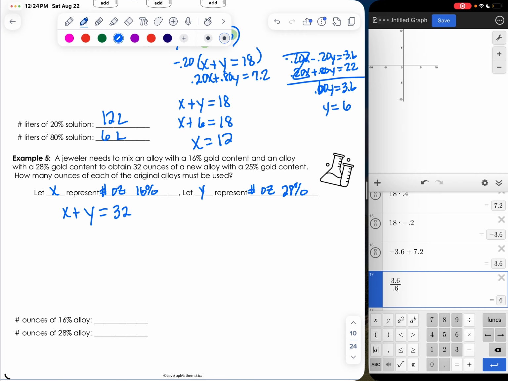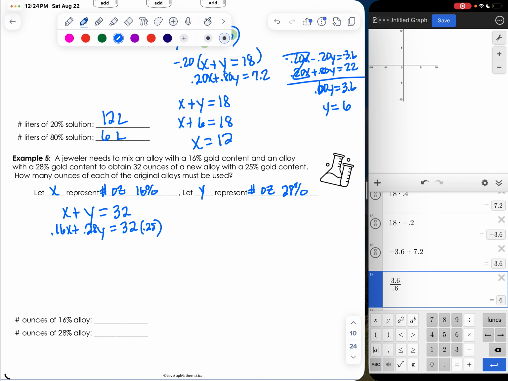Now I'm going to write an equation for the value of each of those. So x was 0.16x, y was 0.28y, and I want my final alloy to be worth 25%. That's the value of it.